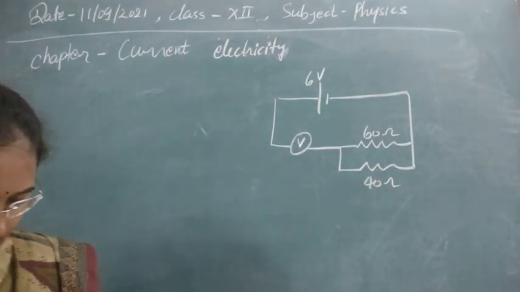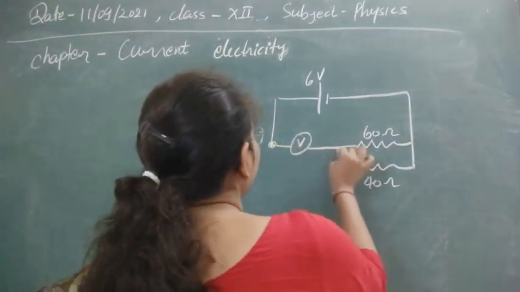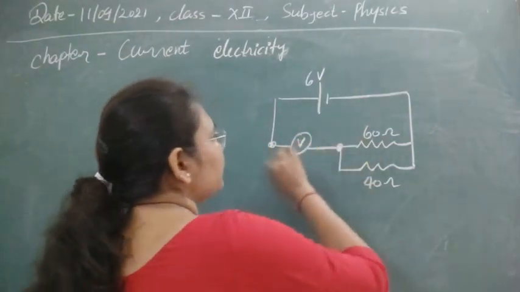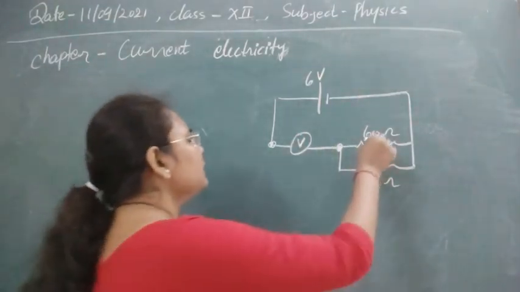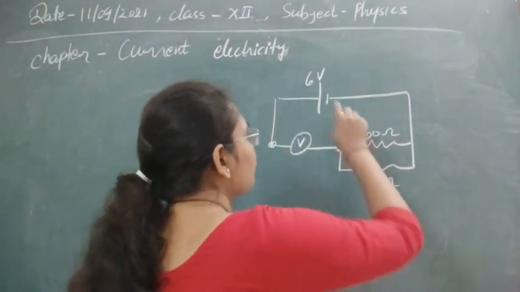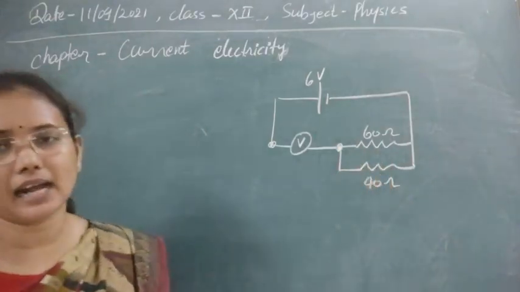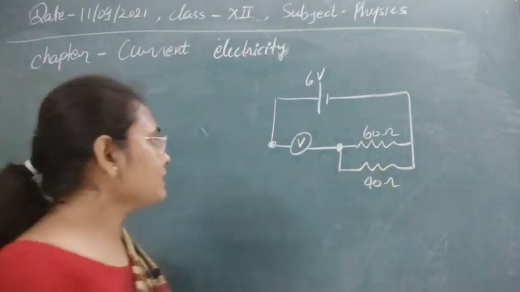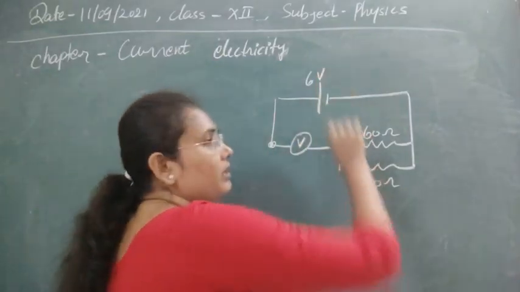As you can see, no potential drop is going to be across this voltmeter, across the points of the voltmeter, because these resistances are in parallel combination. So the potential applied to these resistances will also be the same. It means this will obviously be the same potential, equal to the battery.